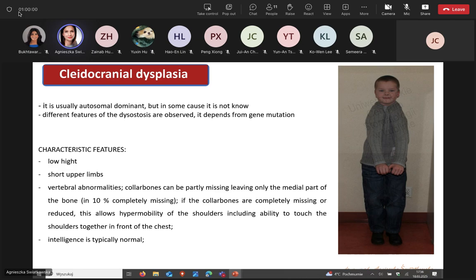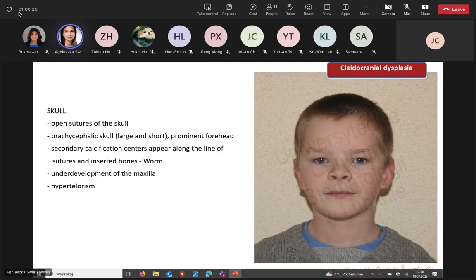Collarbones can be partly missing, leaving only the medial part, and in 10% completely missing. If the collarbones are completely missing or reduced, this allows for hypermobility of the shoulders, including the ability to touch the shoulders together in front of the chest, and you can see this in this picture. Intelligence in this group of patients is typically normal.